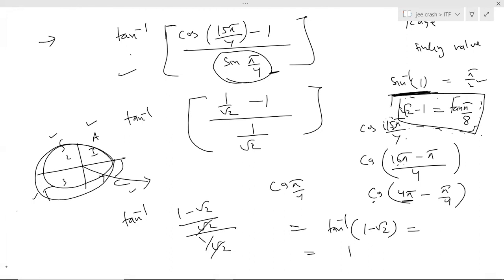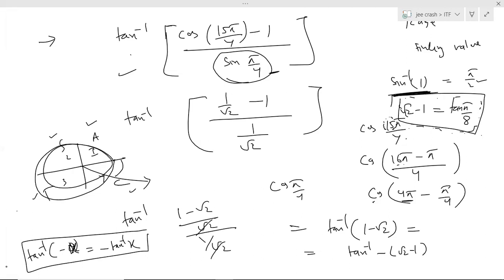So I can take negative common, tan inverse of minus of root 2 minus 1. And remember, this is a property: tan inverse of minus x is minus of tan inverse x. So this is negative of tan inverse of root 2 minus 1. So this will be pi by 8. So minus pi by 8.